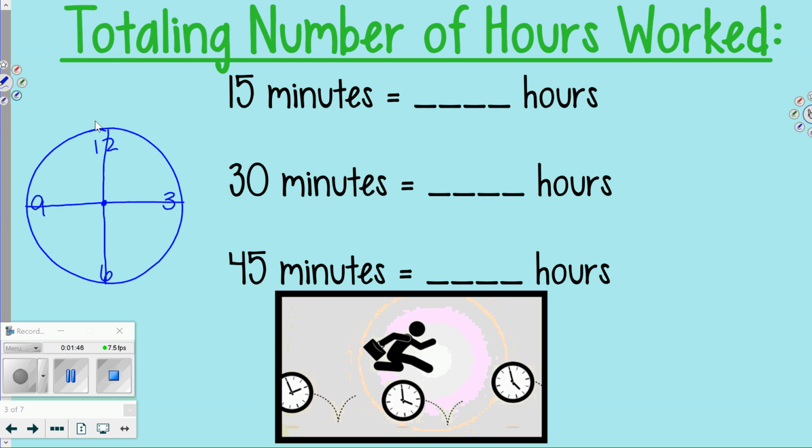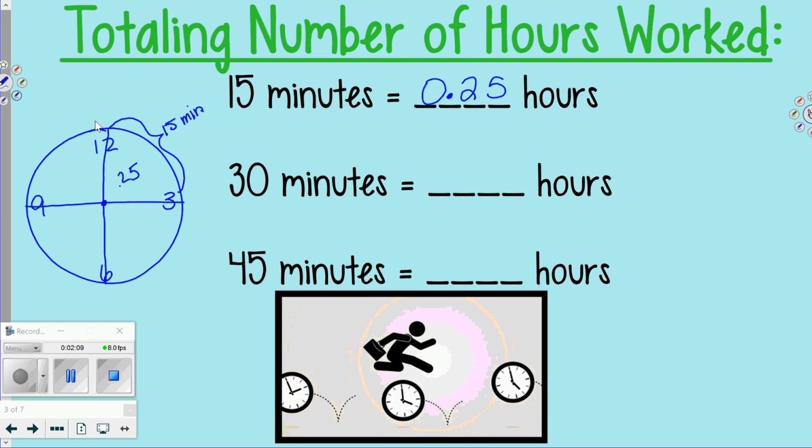So from here to here is 15 minutes. That 15 minutes is a quarter of an hour, which is 0.25. 1 divided by 4 is 0.25.